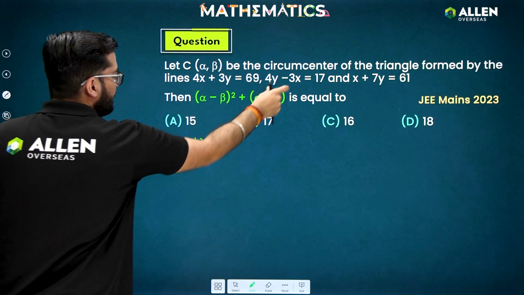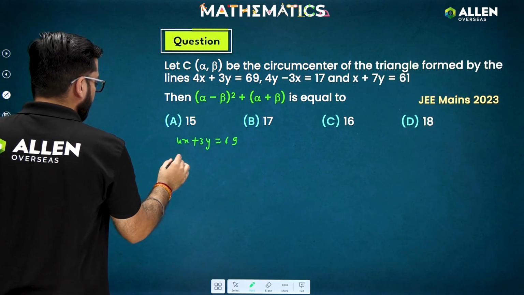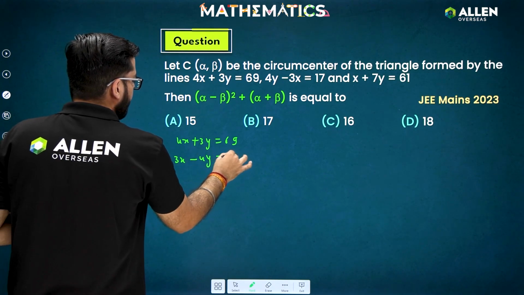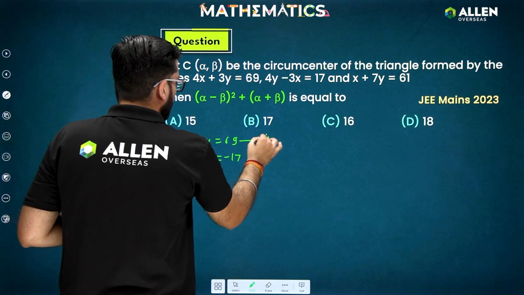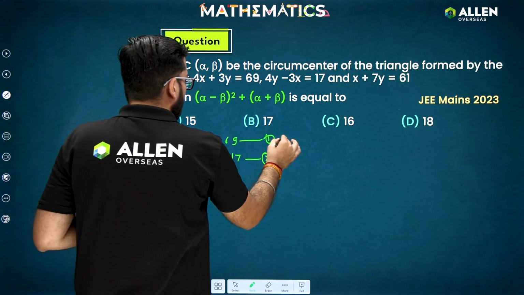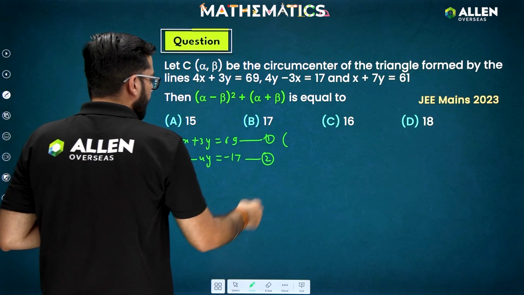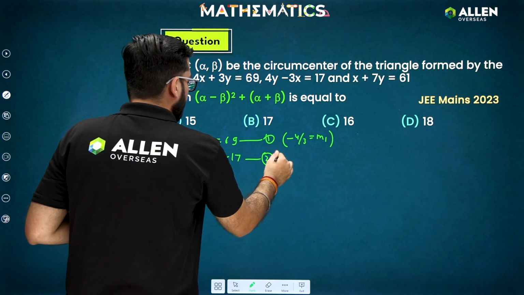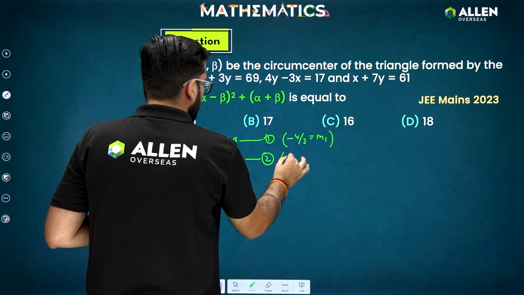And in the second line I am going to multiply with the negative sign. Then I have 3x minus 4y is equal to minus 70. This one is equation number 1, this one is equation number 2, I am going to mark. In equation number 1, the slope of this one is minus 4 upon 3. Similarly, the slope of this line is 3 upon 4.